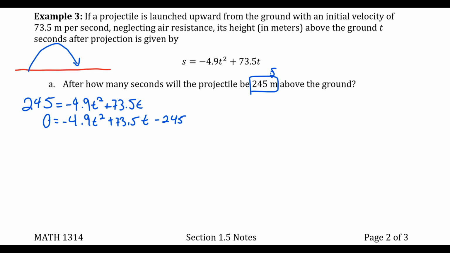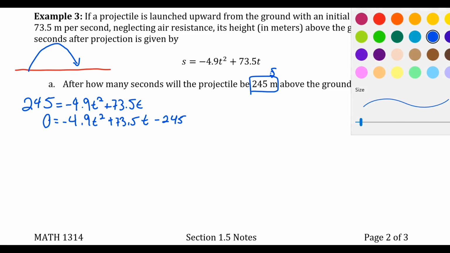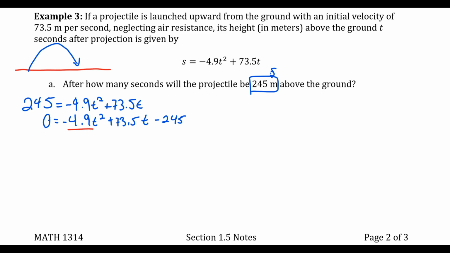Okay, at this point, use the quadratic formula, use factoring, whichever you want to do. I don't like working with decimals unless I have to, so I'm actually going to divide all three of these by a negative 4.9. Have to do it to my 0 too, just to be consistent. What that does is it's going to give me still 0.